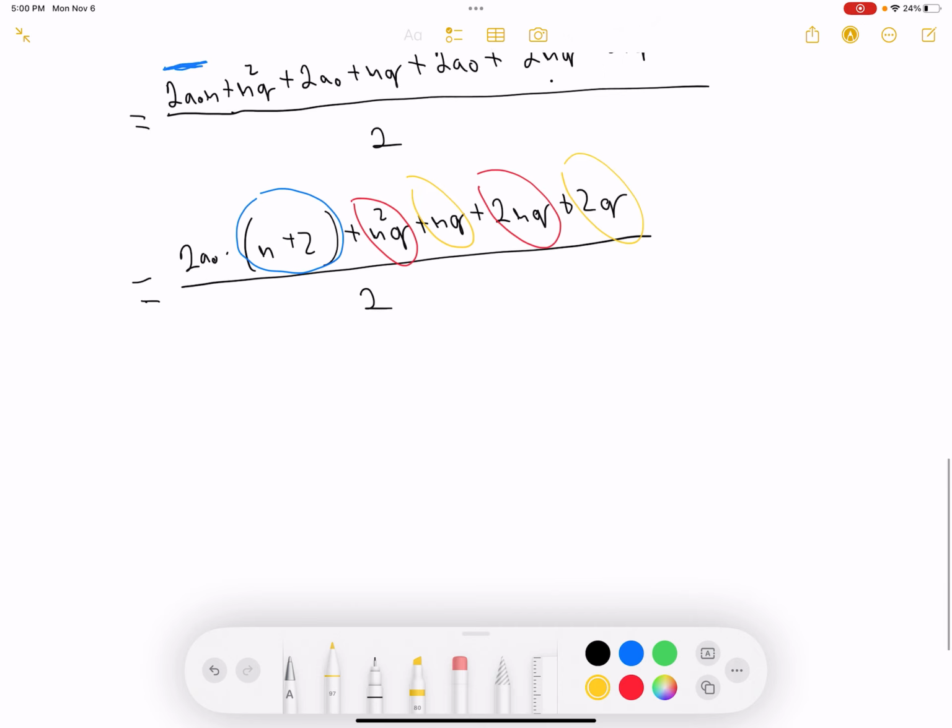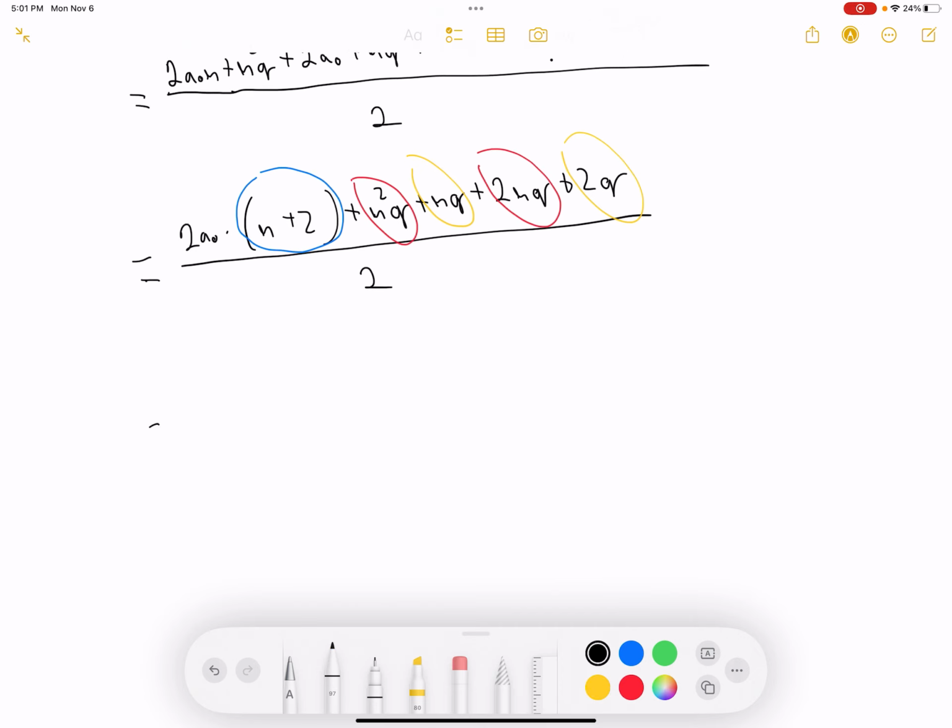So let's get to it. 2a0 times (n plus 2), just repeating what we already have here, plus nq times (n plus 2). That's the red ones.